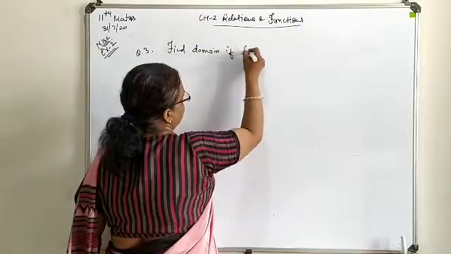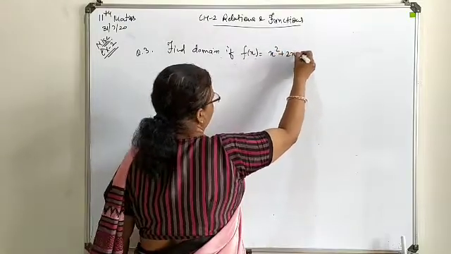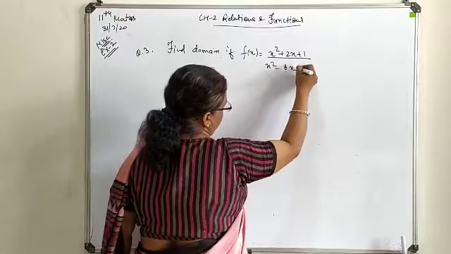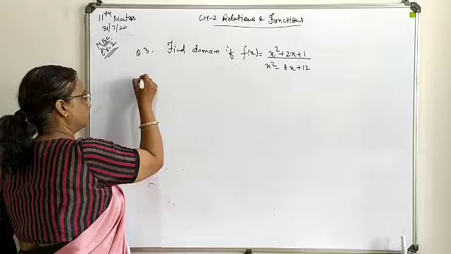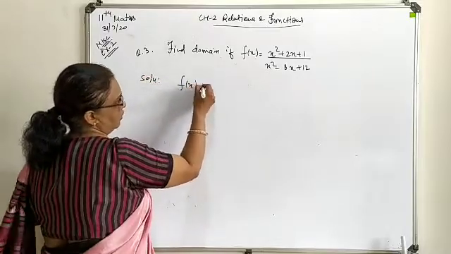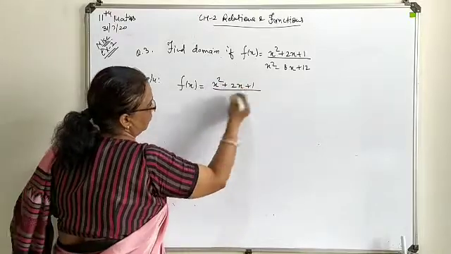If your f(x) is x square plus 2x plus 1 upon x square minus 8x plus 12. Now here, let's try to convert your f(x) into certain factors.